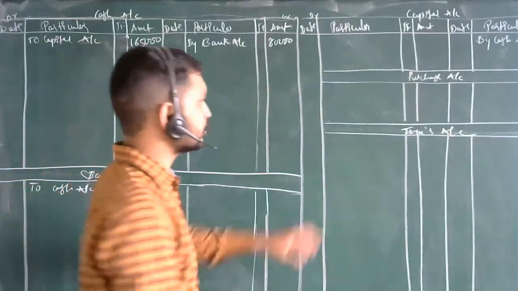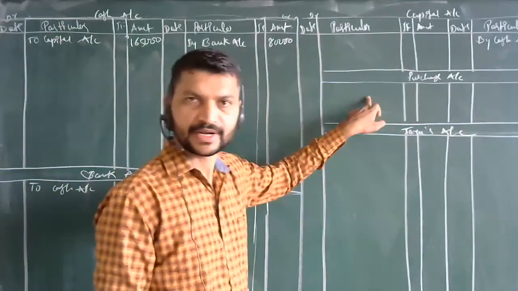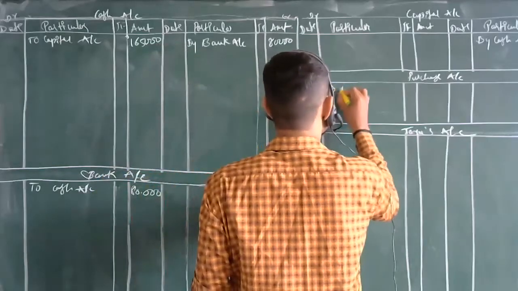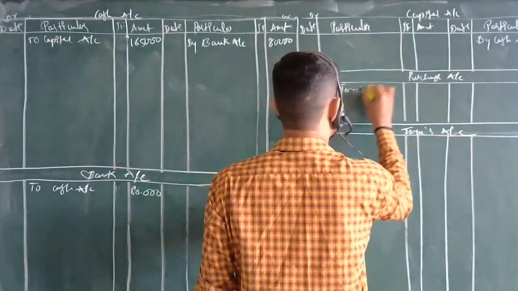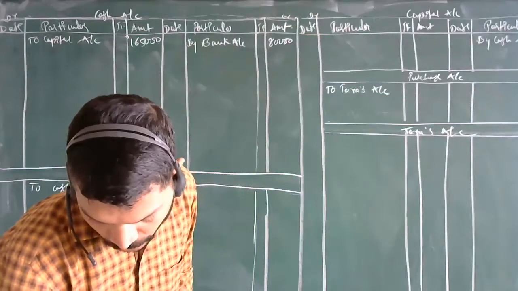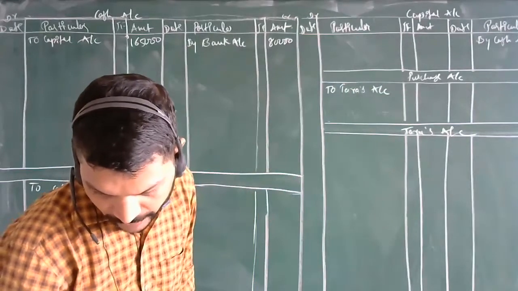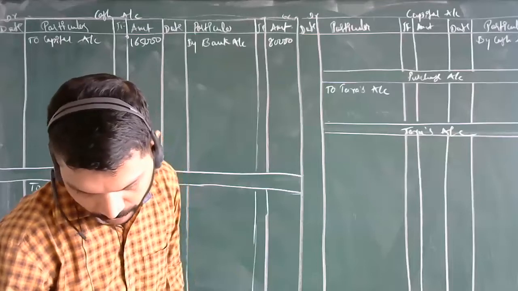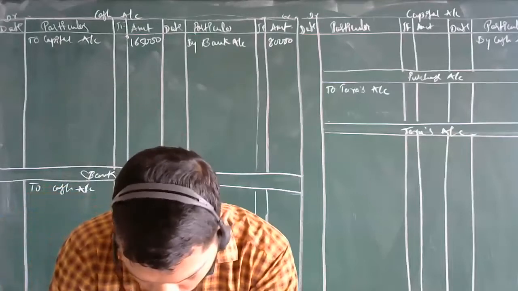So as usual, the purchase is debited. Means what I am going to do over here? To Tara's account. What is the amount over here? To Tara's account 22,000, right? Yes. Purchase account and one more, to Tara's account.